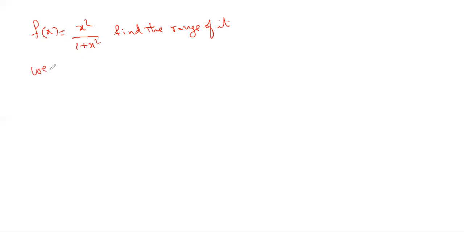So we know that x square is greater than or equal to 0. That implies, add 1 to it, 1 plus x square is greater than or equal to 1. Basically, you got that 1 plus x square is a positive number.